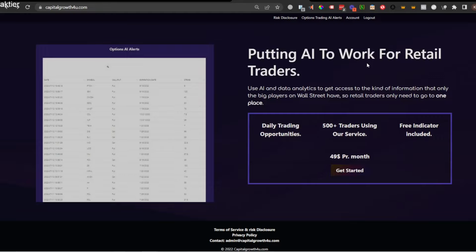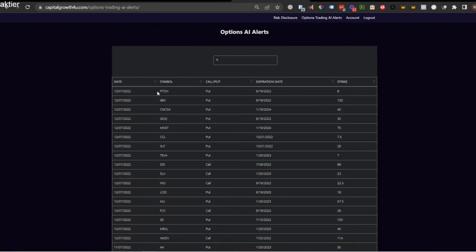So the AI goes in and finds out if there was unusual behavior on a specific option play. Now let's go back and see how it looks in there. So you see the symbol, and you see if it's a put or a call option.